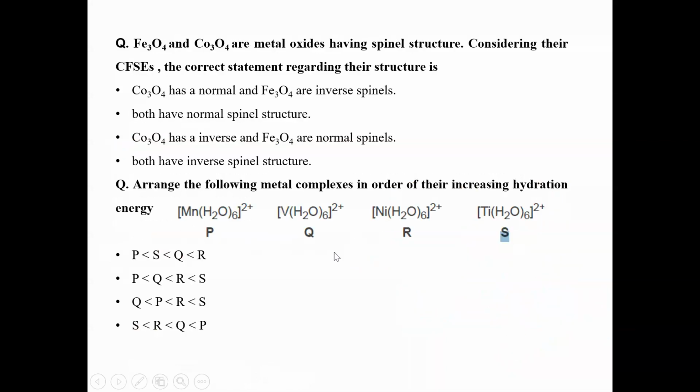Yeah. So the last two questions. These two oxides are metal oxides having a spinel structure. Considering their CFSE, the correct statement regarding their structure is, okay. I think Co3O4, as I have already discussed, is having an inverse spinel structure.